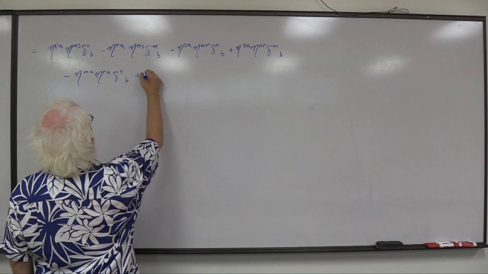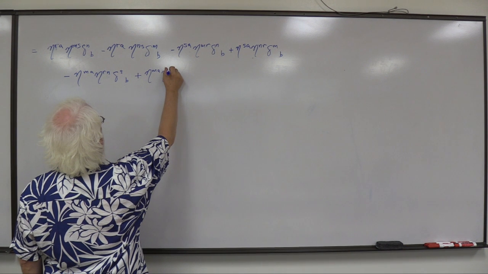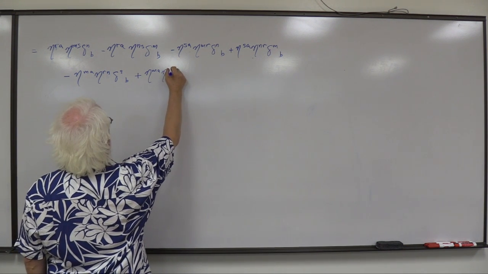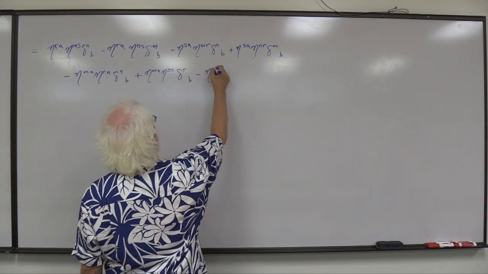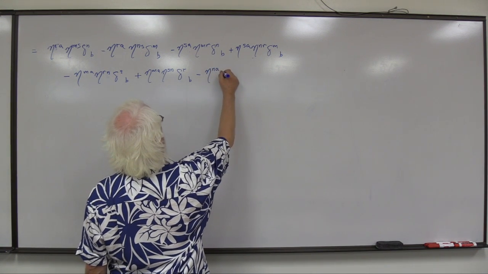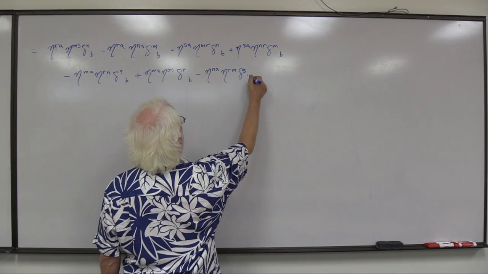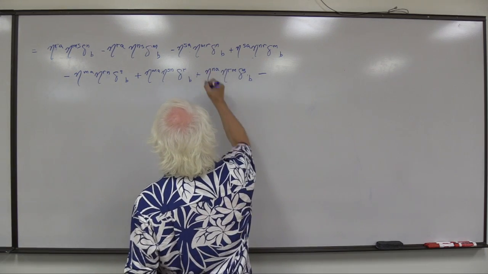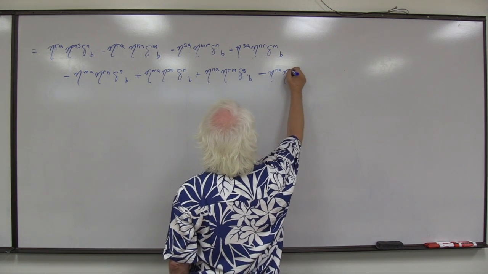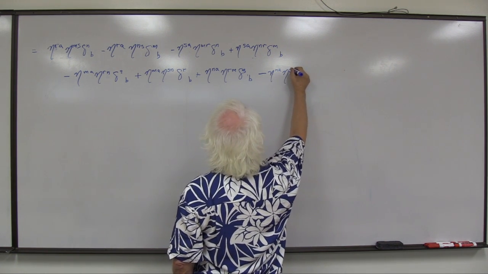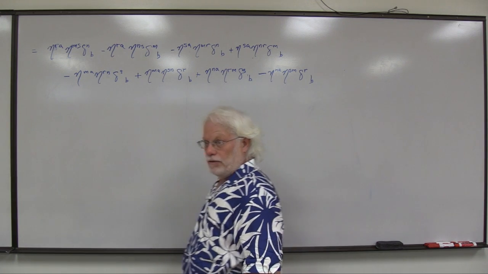So now we have plus eta M A. Eta, N goes to S, S goes to N, delta M goes to R, minus eta S goes to N, M goes to R, R goes to M, N goes to S, B, minus, that's plus, eta S goes to N, A, eta N goes to S, R goes to M, M goes to R, B. 8 terms.